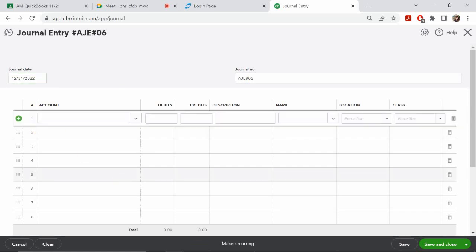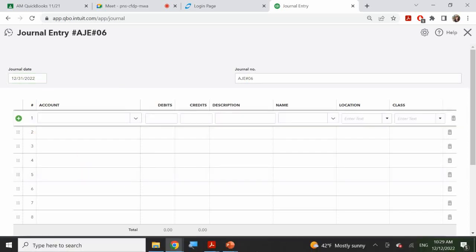So the first thing I need to do is determine, right now my discounts given is a negative, and discounts given actually affects your sales. It decreases the value of your sales. So right now, it is considered a debit balance. That was just my profit and loss right there.